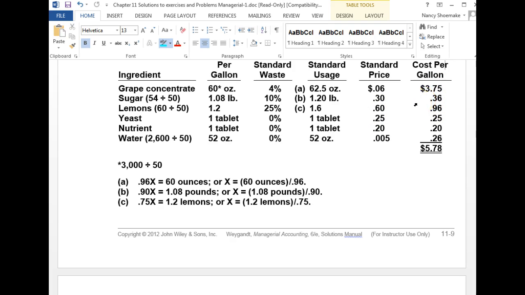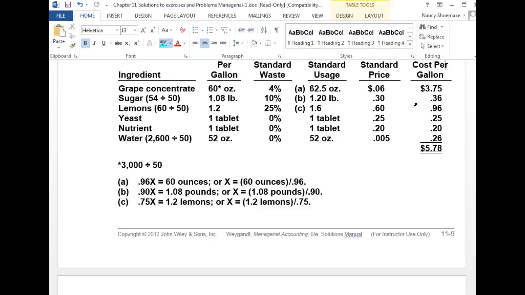Now our lemons, we don't think we can use all those lemons, right? So we need 1.2 per gallon. We have a waste of 25%, so really we're at 1.6 per gallon. At 60 cents gives us 96 cents per gallon. We've got our yeast, our nutrients, and our water.